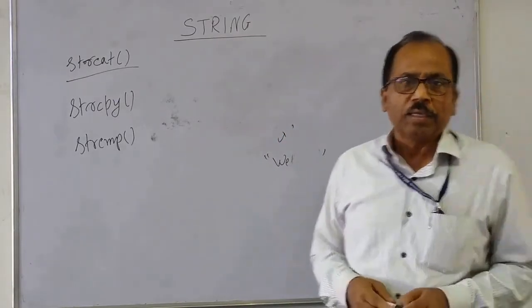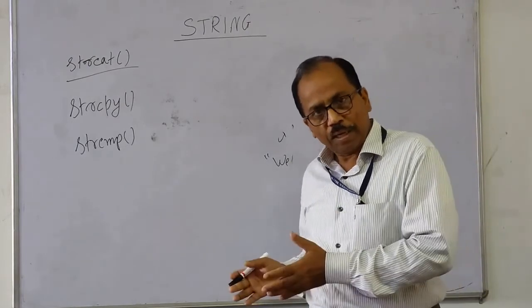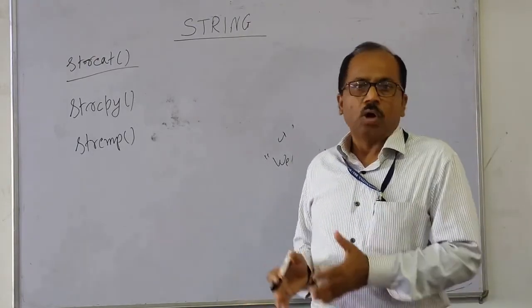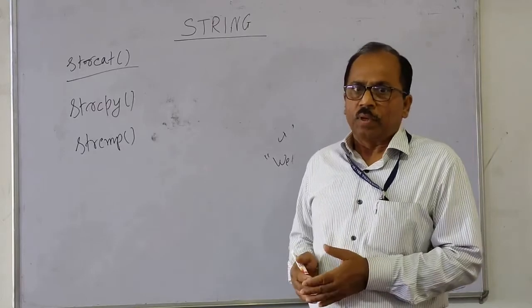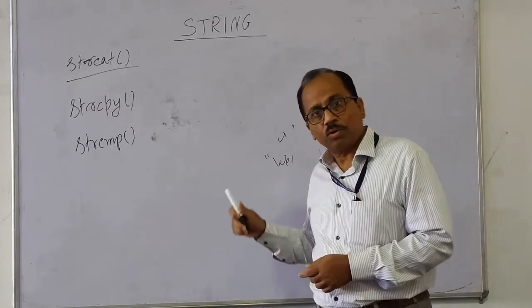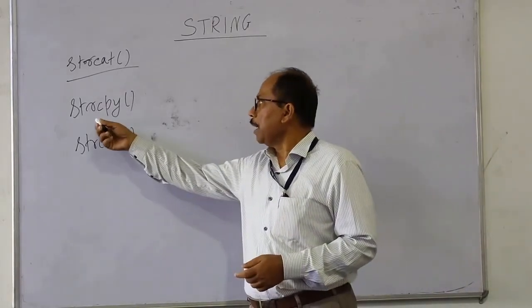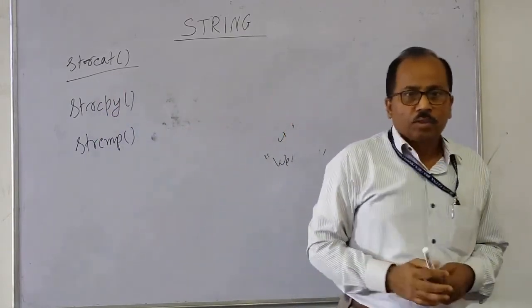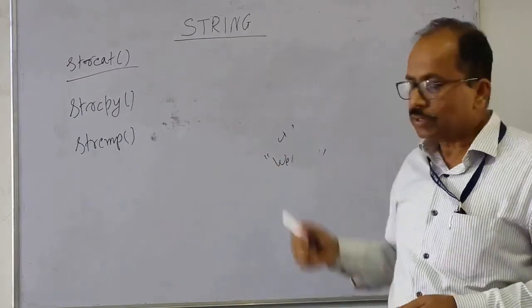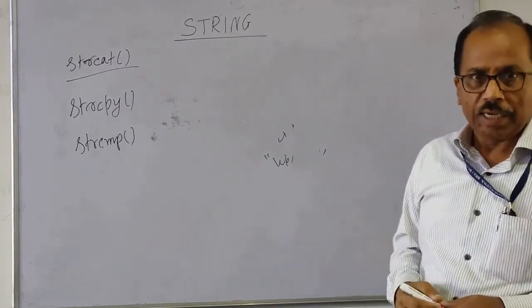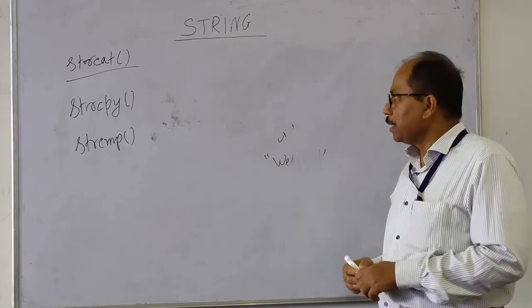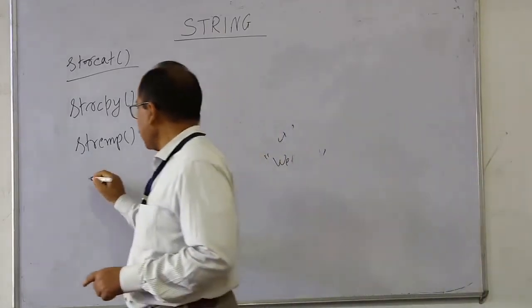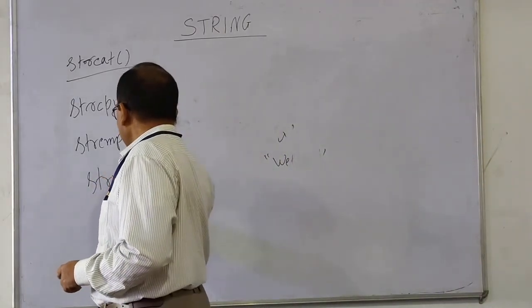Here there is liberty: both may be string variables, both may be string constants, or either of them may be. Whereas this facility was not available with the previous two, that is strcpy and strcat. So this is another function which we frequently use in our various programs. The next one is strrev.